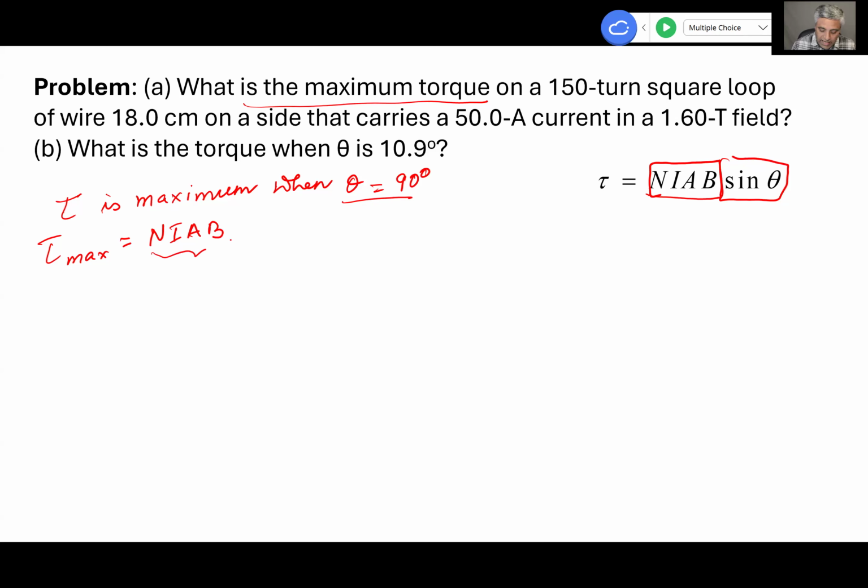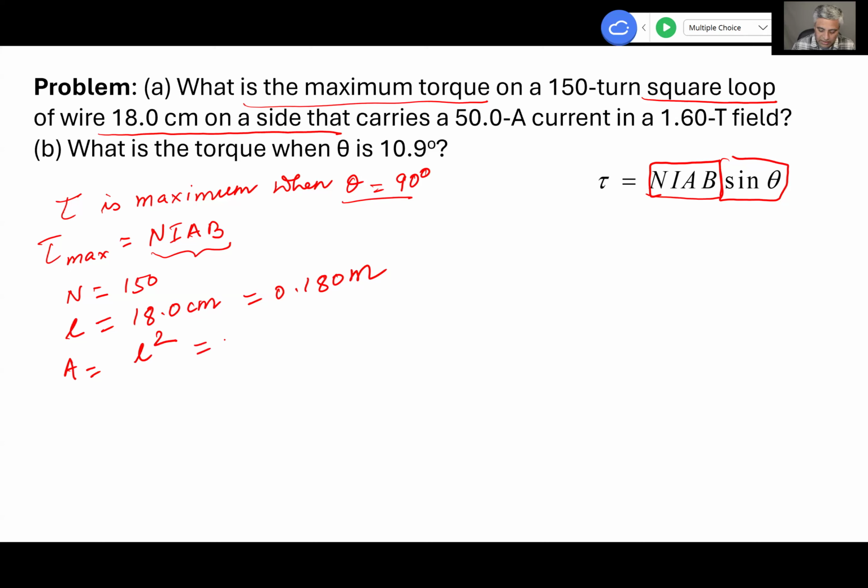So that's what we want to calculate. Do we know everything? I think so. N is 150 turns, and it's a square loop, so that means length and width are the same. So 18 centimeters means 0.180 meters. So area is going to be L squared because it is a square.